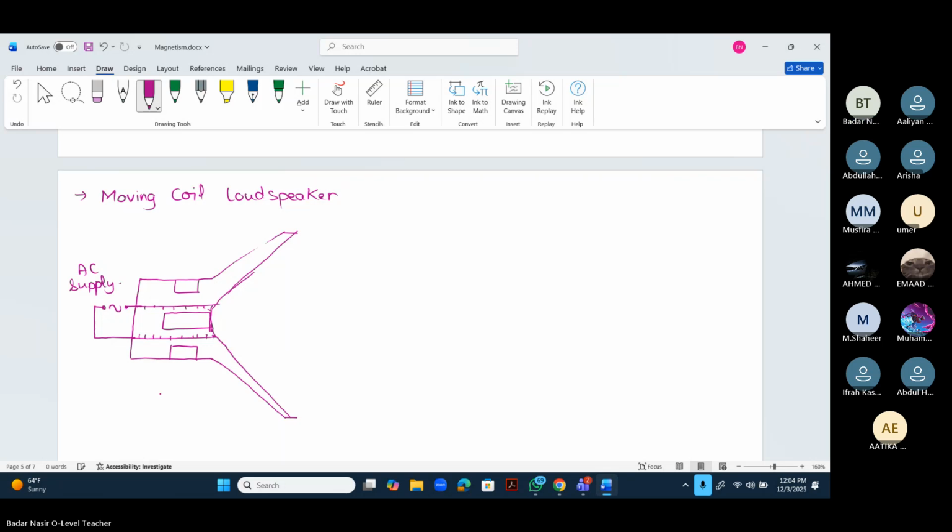Okay, ठीक है, this is coil of wire, these are the magnetic poles, this is the north pole and this is a paper cone.